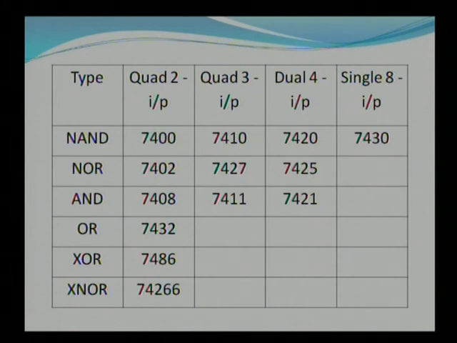If you want a quad 3 input, with A, B, C and Y as the output, then the IC number is 7410. Dual 4 input means your gate is having 4 inputs A, B, C, D, so that is a 7420. Like this there are NAND gate, NOR gate, AND gate, OR gate, XOR gate and XNOR gate.